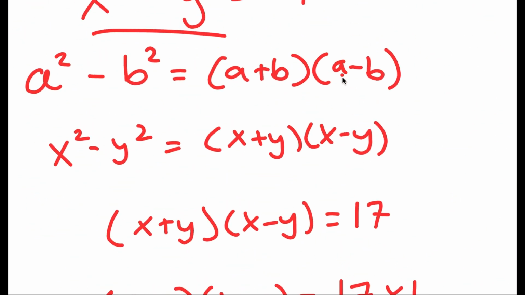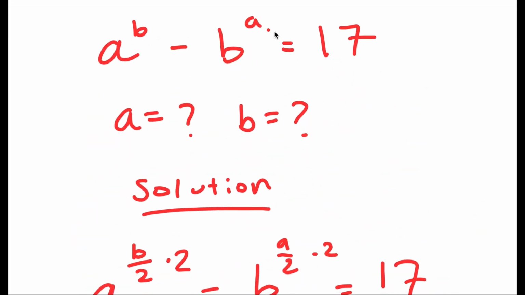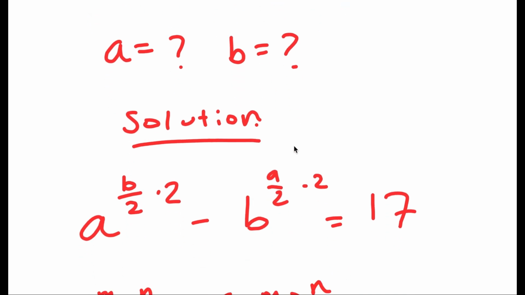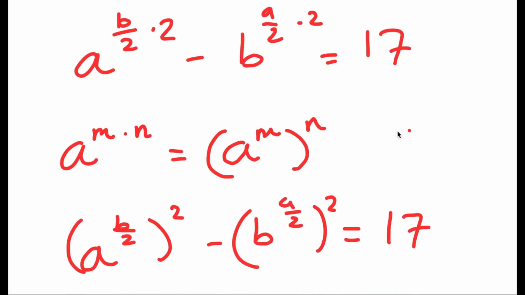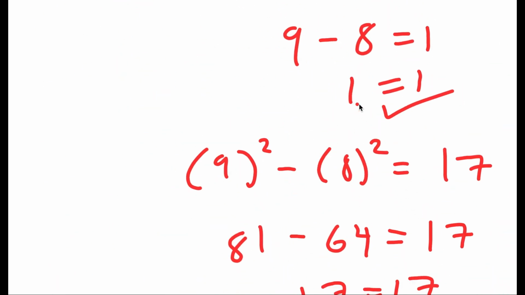Now, we're not done yet, because remember, our equation was a to the power of b minus b to the power of a equals 17. So we want to find the values of a and b, not x and y. Now to do that, notice over here, we have the relationships. A to the power of b over 2 is equal to x, and b to the power of a over 2 equals y. So I'm going to write this over here.